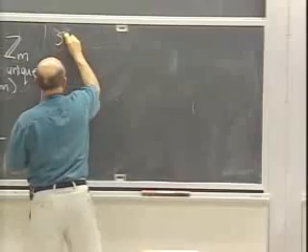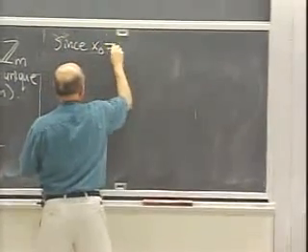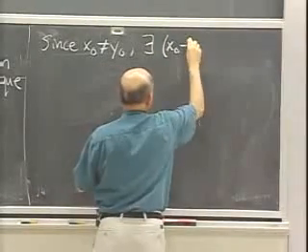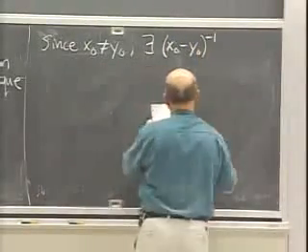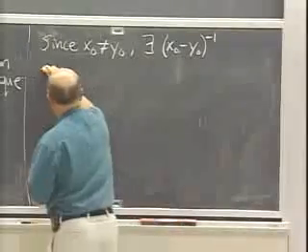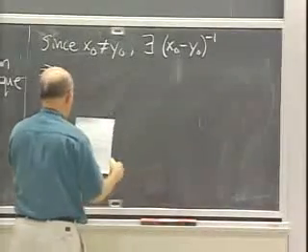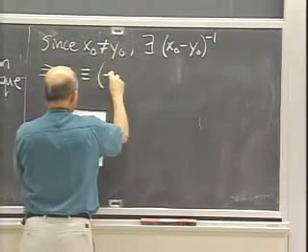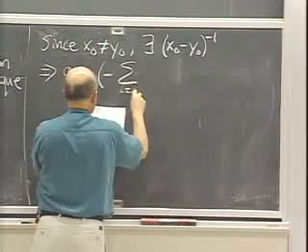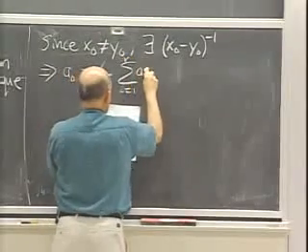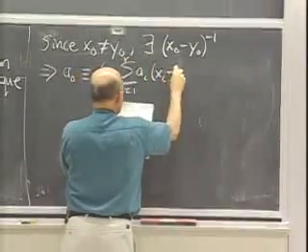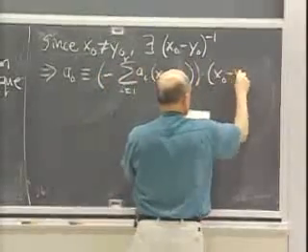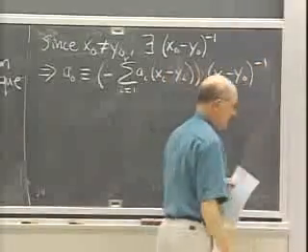Since x0 is not equal to y0, there exists an inverse for x0 minus y0. And that implies that a0 is congruent to minus the sum of i equals 1 to r of ai times (xi minus yi), times (x0 minus y0) inverse.